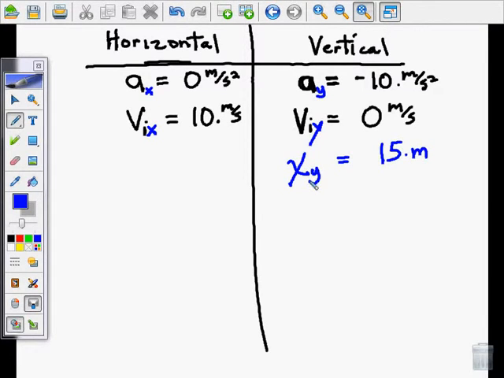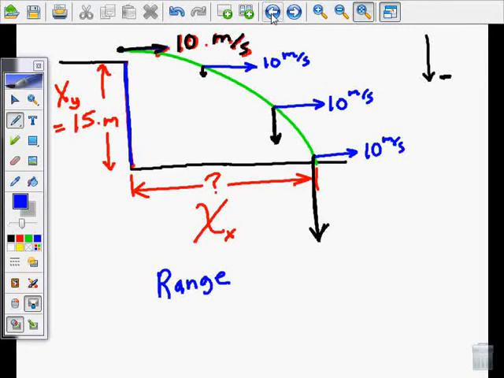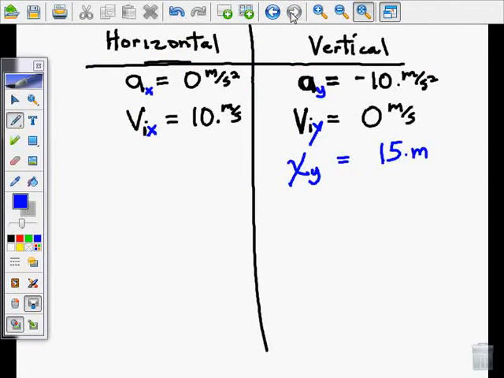Some people call it just y. They'll say y equals 15 meters. That's okay too. But if we're using our reference frame where down is negative, if the object started up here and it's going to end up down, then our total displacement is actually going to be negative because it's dropping down. So that's a negative 15.